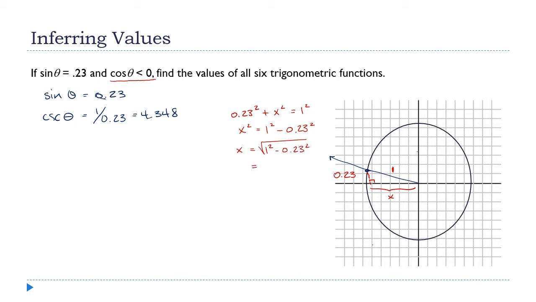And my calculator tells me this is 0.973. All right, well, that means this distance is 0.973. Only we're going to the left, which means the coordinates of this point are negative 0.973, comma 0.23.